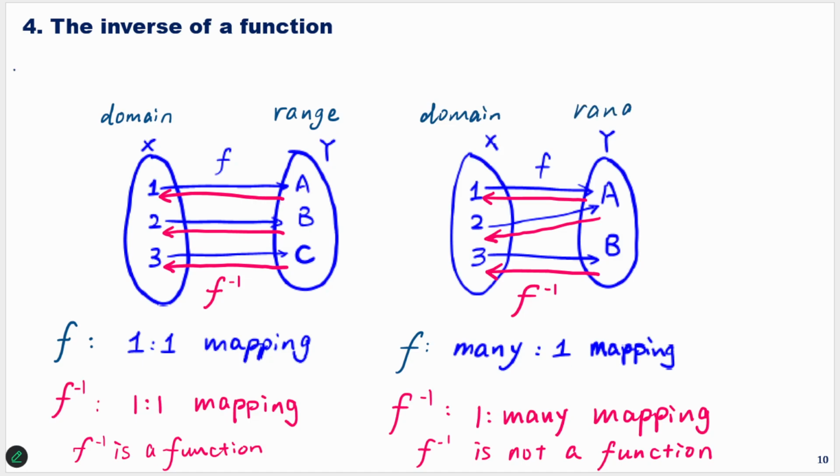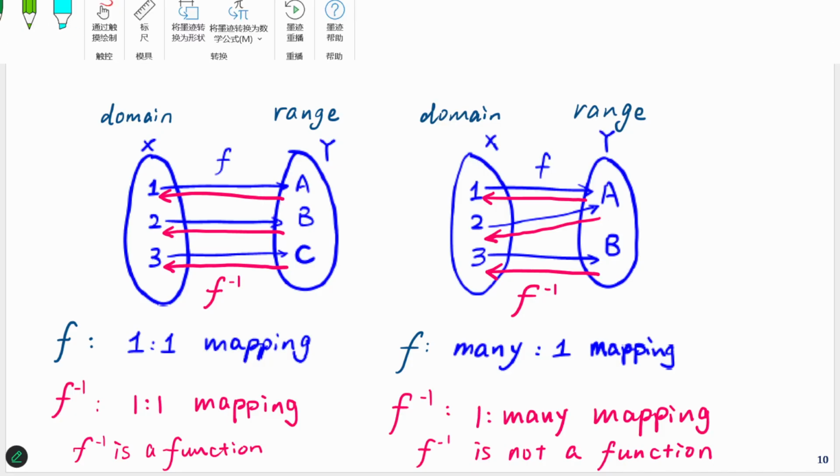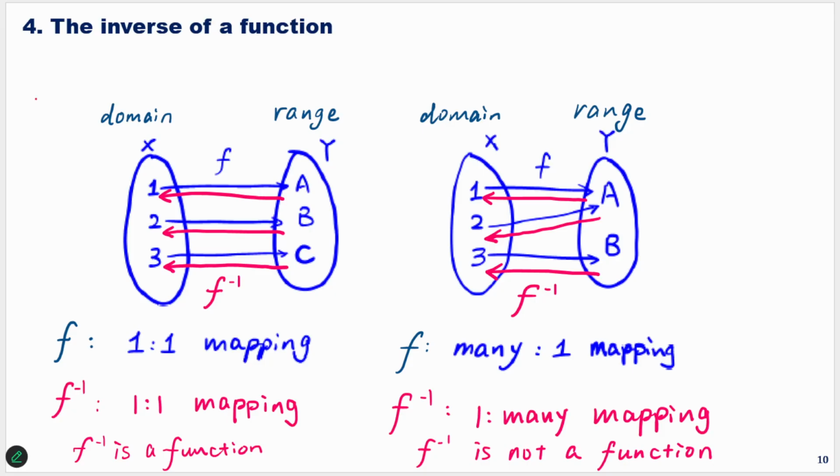And if you reverse the direction, then for f inverse, the range of the original function is the domain of the inverse, and the domain of the original is the range of the inverse. Does it make sense? Because domain is a collection of inputs, range is a collection of outputs.